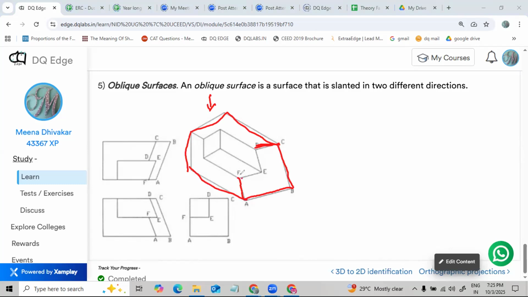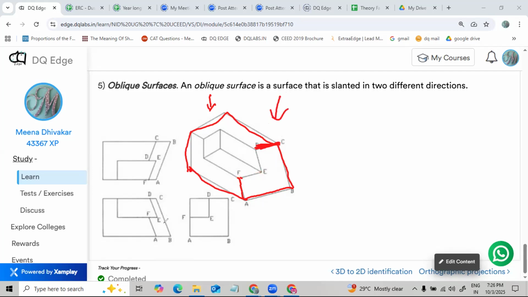I could see A, F, this part and this part. I could see the slanting and the slanting from the top. Do you agree? I could see this E, F slanting and C and D are slanting from the top view.